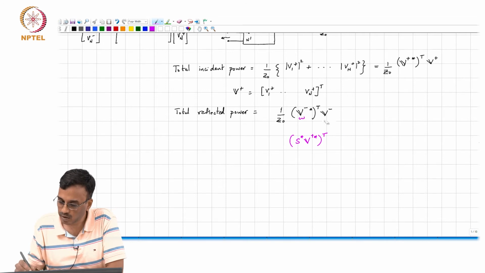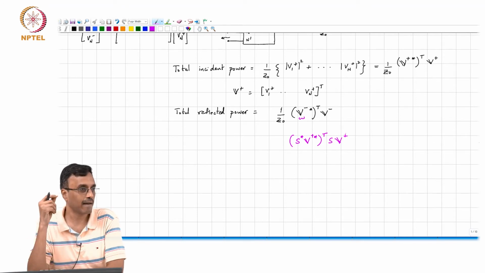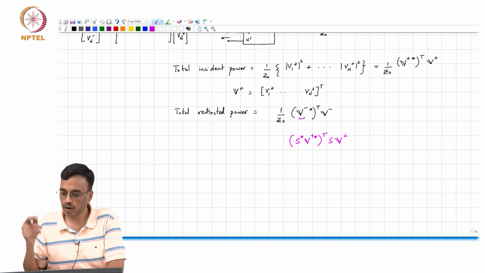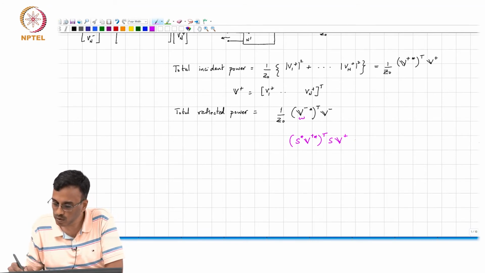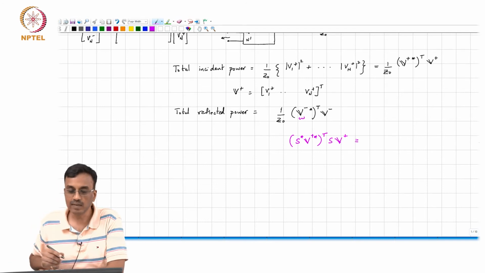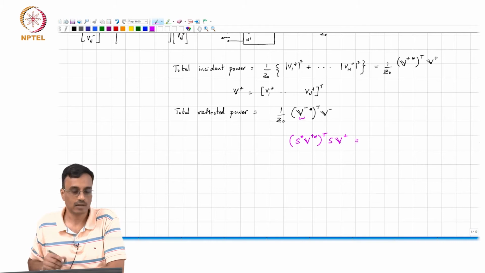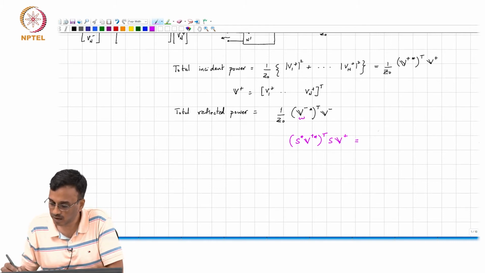So, our reflected power is this times S times V plus, all right. And this must be equal to, sorry, I forgot the 1 over Z naught.